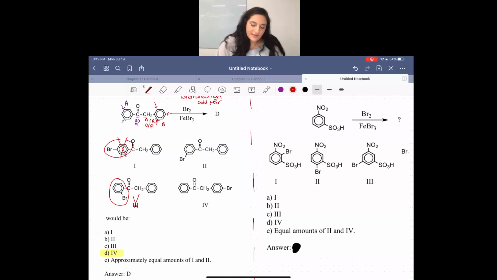And so between these two, you would rather be directed by the most activating group. So even though it's a super weak activator, that's going to beat a strong deactivator. So B is going to direct, and it ends up being para. Any questions on that one?